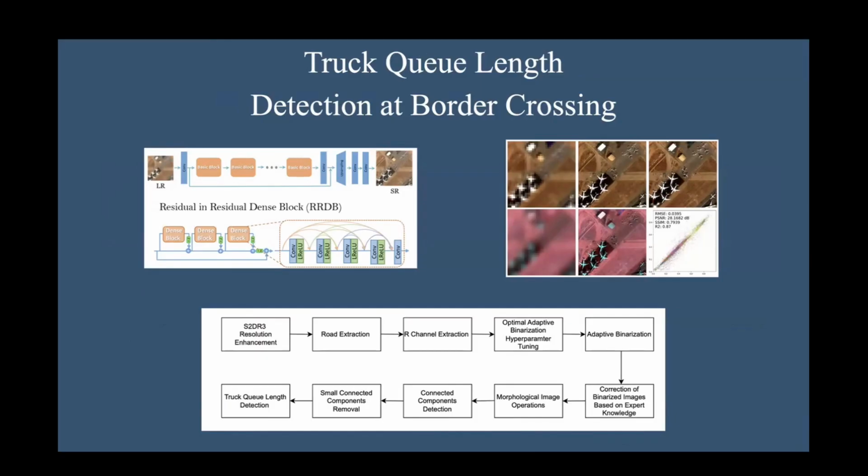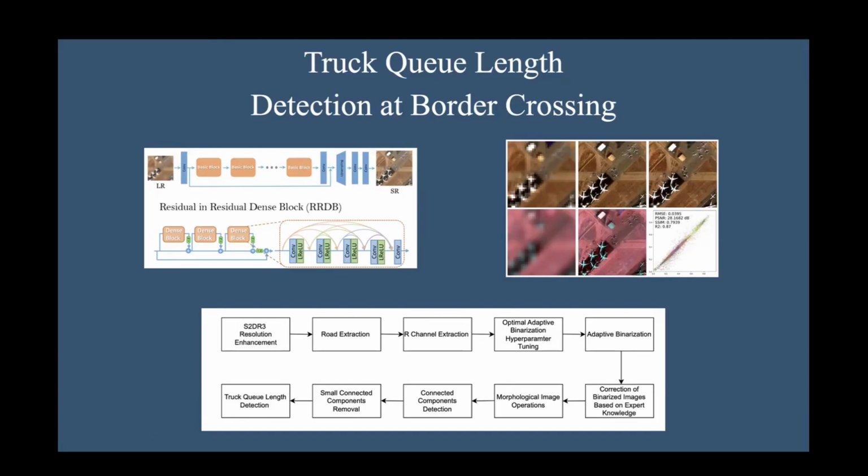That's why we wanted to try to enhance the resolution, and we enhanced it using a deep neural network. The resolution after using this deep learning network is enhanced 10 times. You can see the results of this neural network in the image on the right.